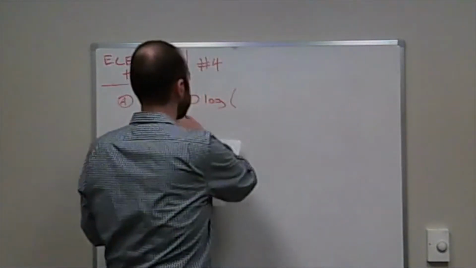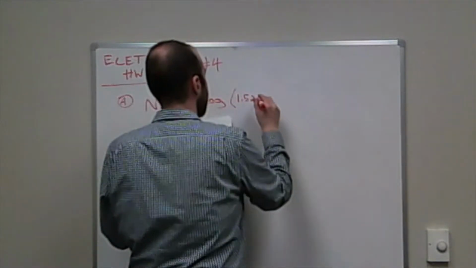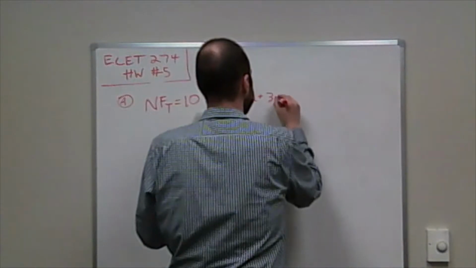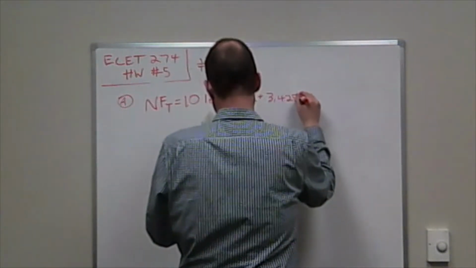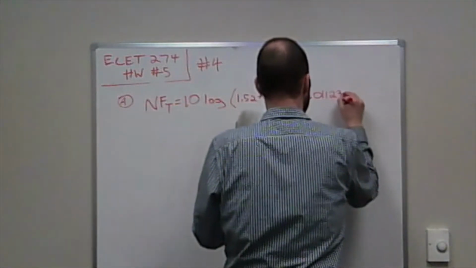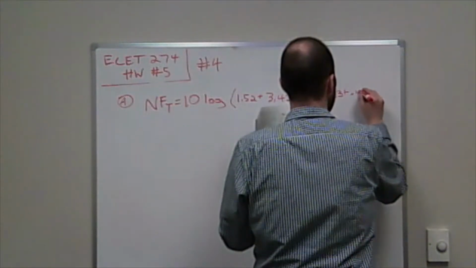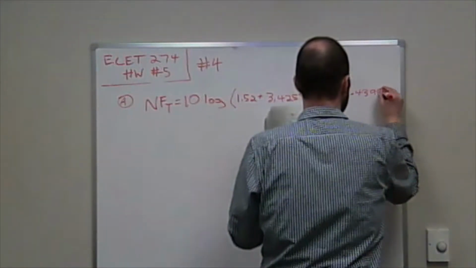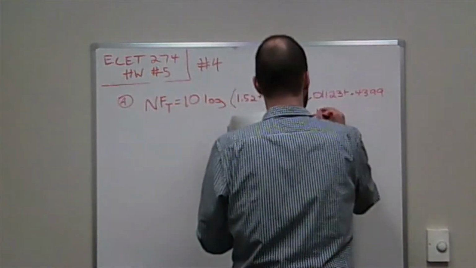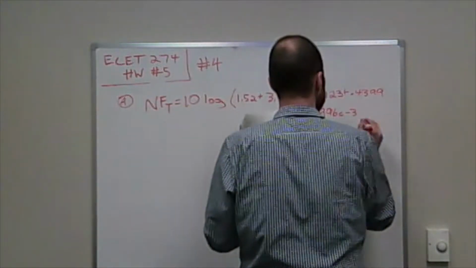And you should end up at a stage where you have 1.10 log of 1.52 plus 3.425 plus 0.01123 plus 0.4399 plus 0.1996 e to the minus 3.